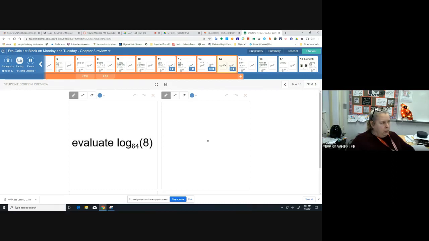All right, next one. We could do this two ways. You could do this one with change of base, or I'd notice right away I can rewrite those with the same base. So I think I'm going to do it without a calculator. I think that's more fun. Log base 64 of 8 equals x.